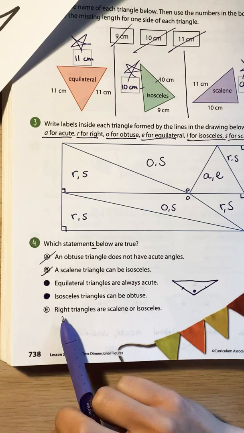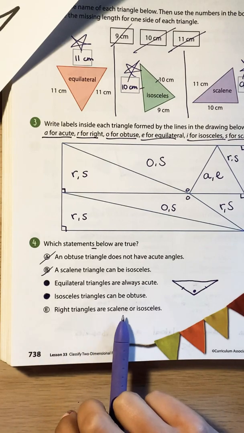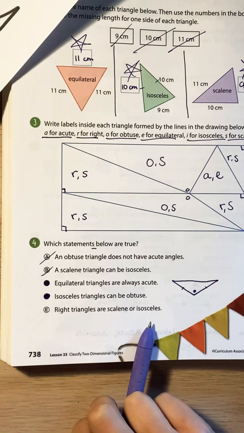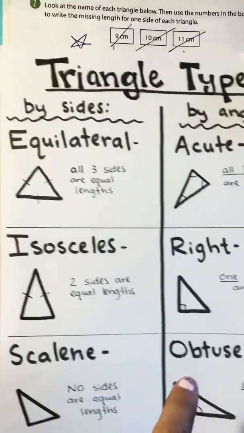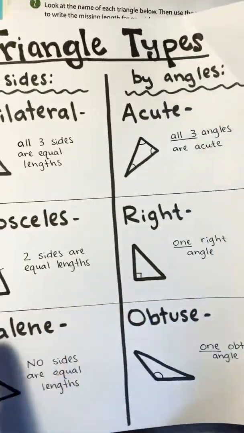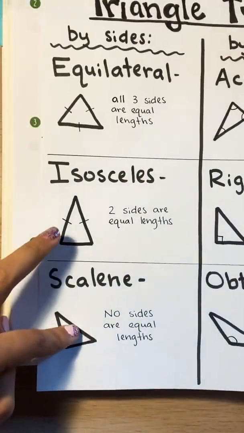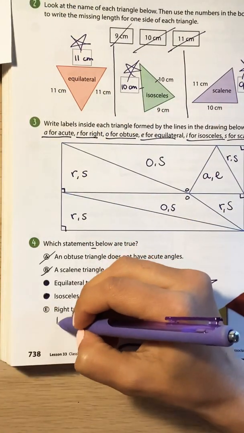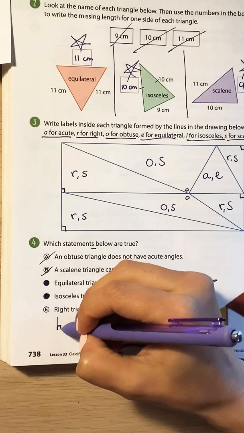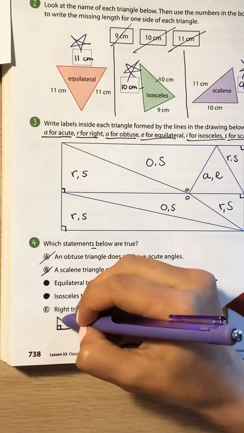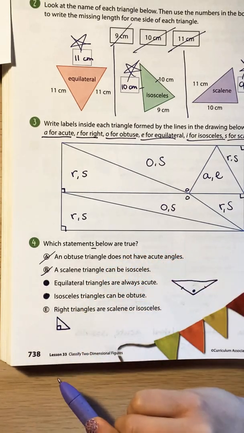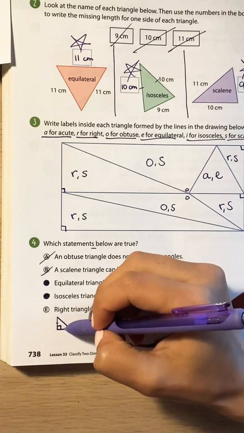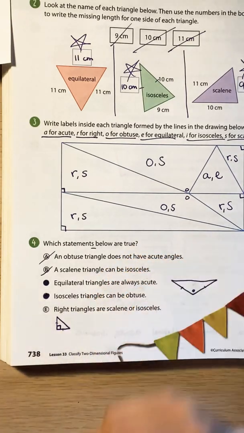And last one, right triangles are scalene or isosceles. Well, right triangle, draw one here. Okay, so that one would be an isosceles because this side looks to be the same as that side.